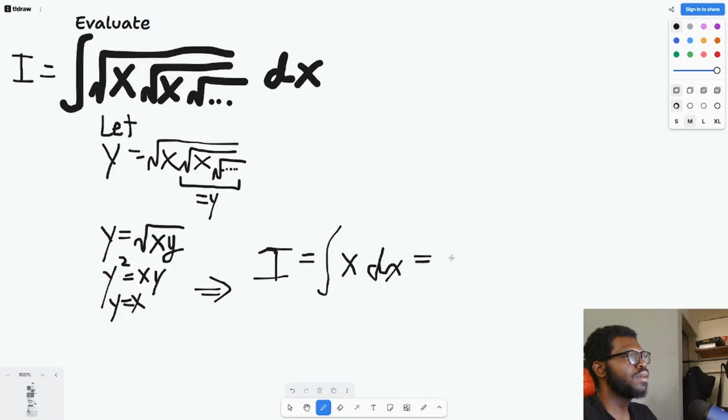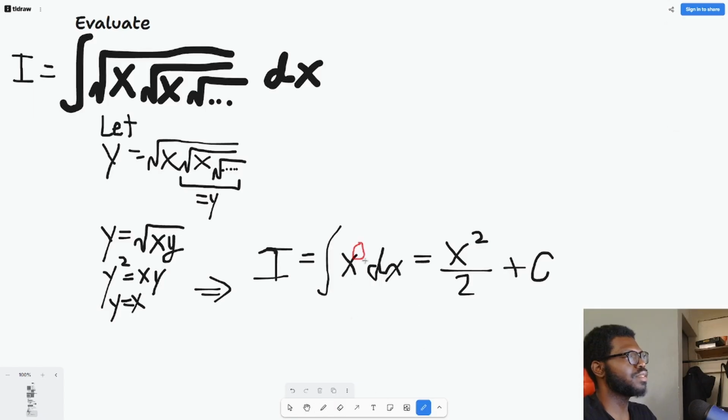Using basic rules of integration, this is equal to x squared over 2 plus c. When you anti-differentiate x, you add 1 to its exponent. Since there's no exponent here, we treat this as x to the first power. So by anti-differentiating, this is x squared, divided by the new exponent, which is 2. And this is the solution.